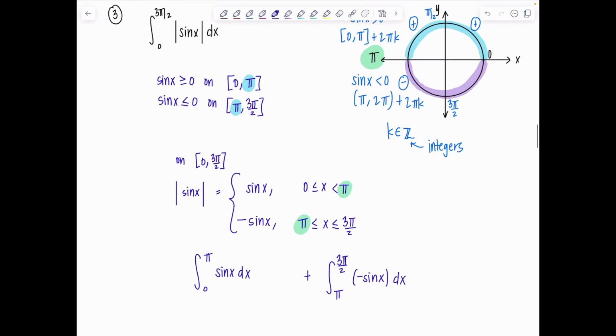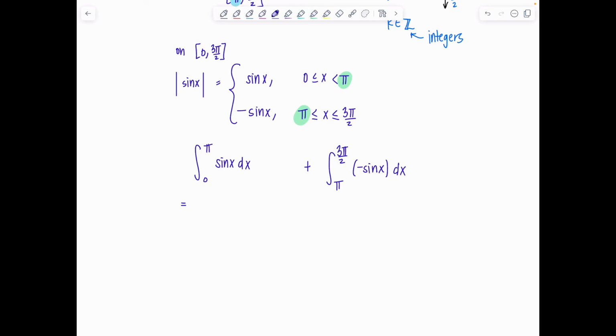Good? Okay, so the antiderivative of sine x is negative cosine x from 0 to pi plus, and then the antiderivative of negative sine x is positive cosine x from pi to 3 pi over 2. And then now let's just plug in the limits of integration.